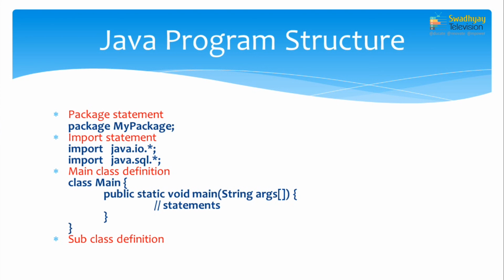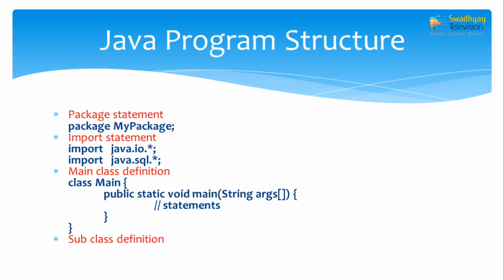If you look at the syntax of the main method, we write public static void main, and it takes a String array as an argument. Whatever statements you write inside this main method will be executed first, before any other method or statement is executed.